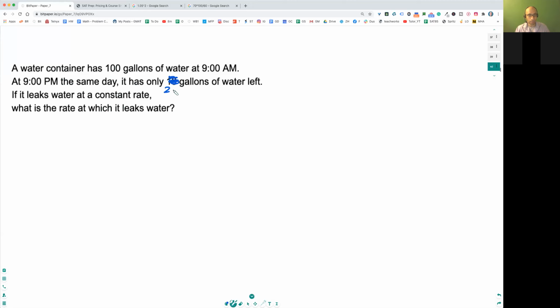I think that's a bit better. 28 gallons of water is a bit better. So a water container contains 100 gallons of water at 9 a.m. in the morning.